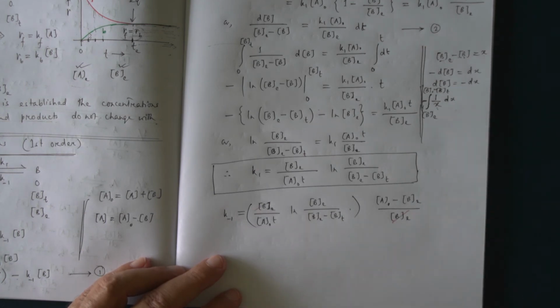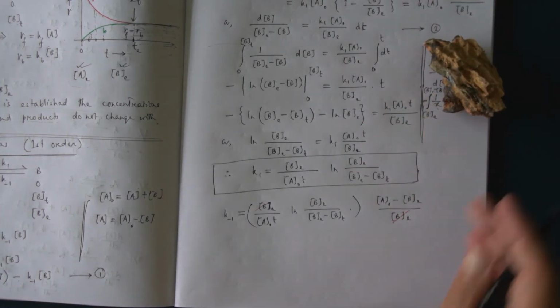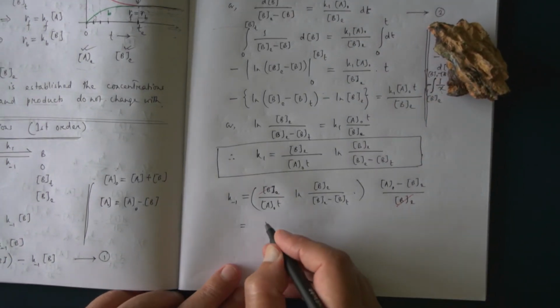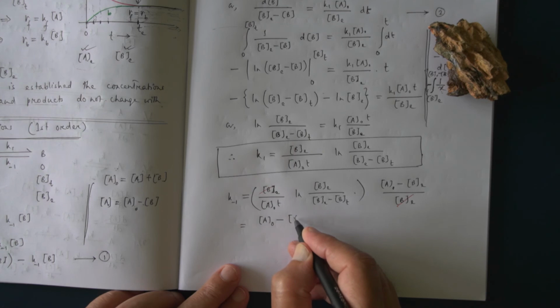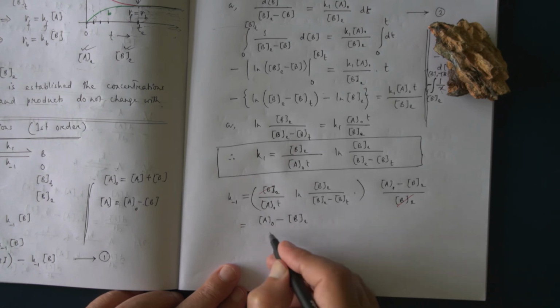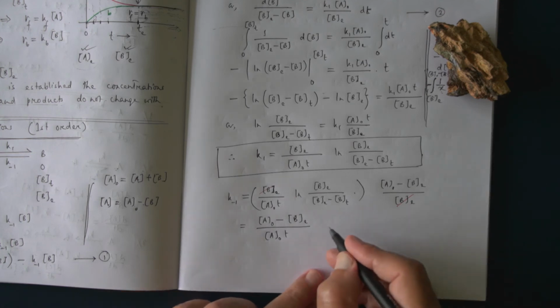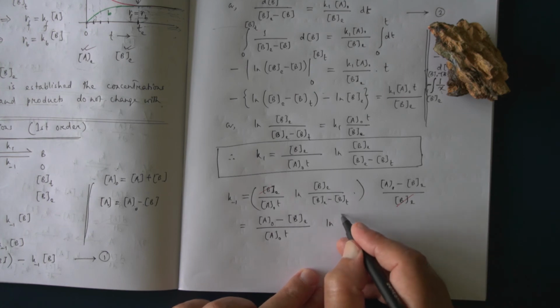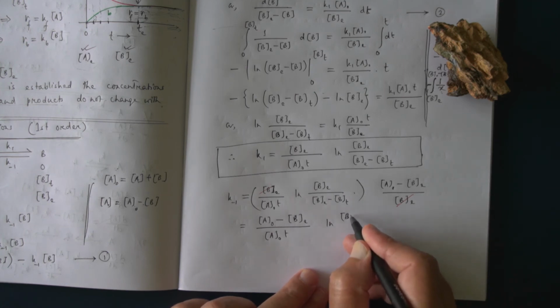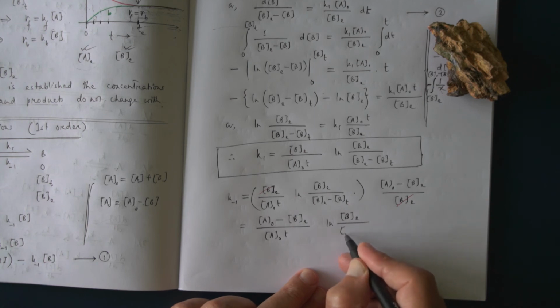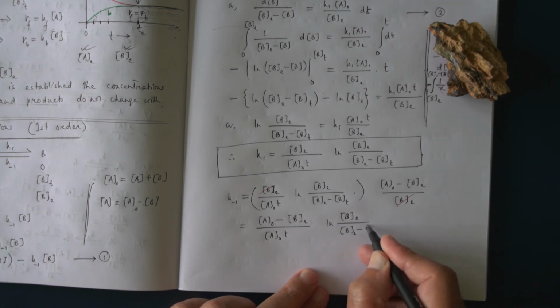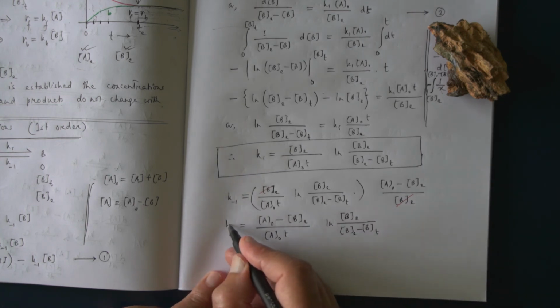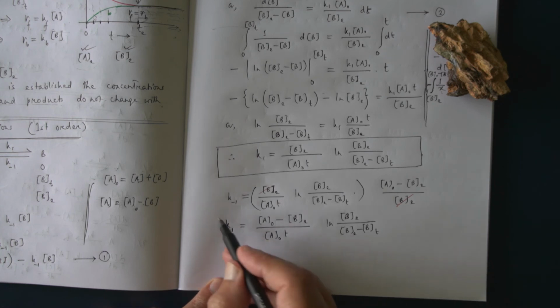Then we will have (a naught minus be) by (a naught t) ln be by (be minus bt). Okay, so this is the expression for the rate constant of the backward direction.